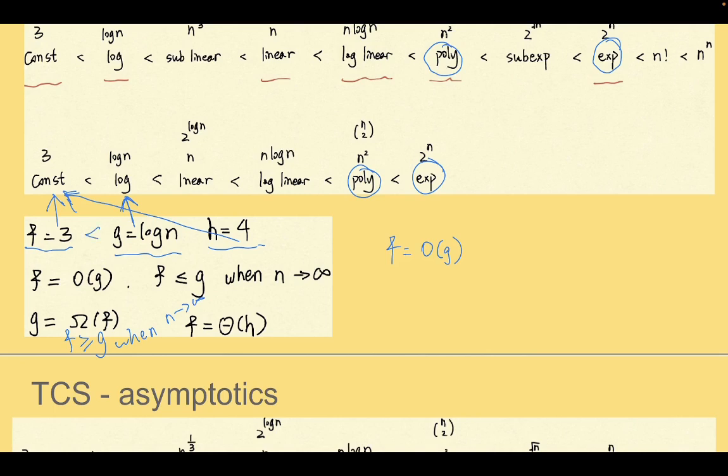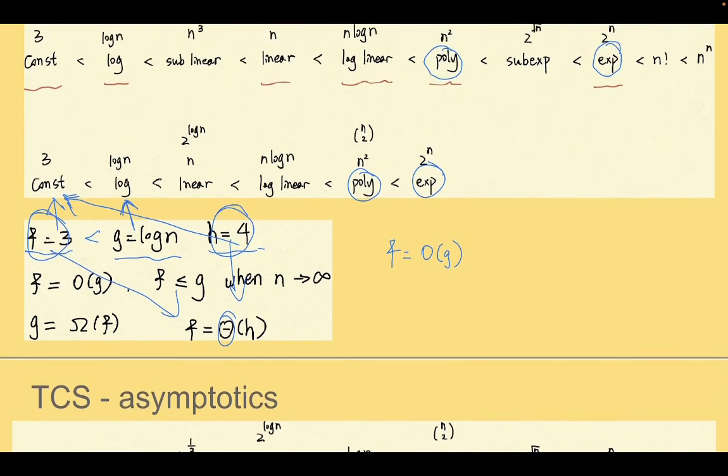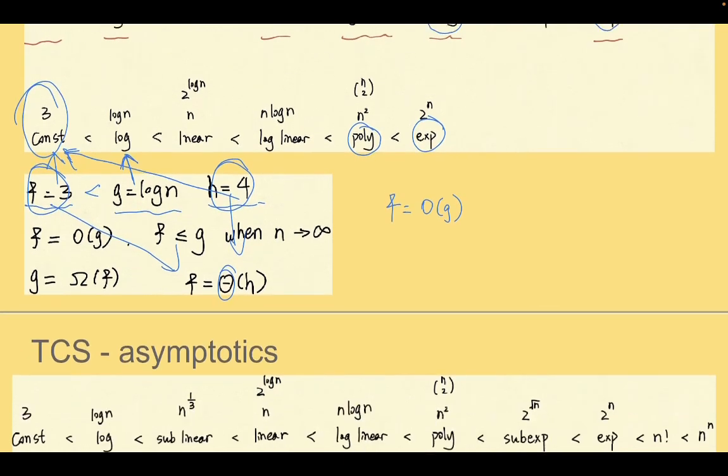And f and h here are both constant time, and we use this notation to show that they are in the same category. Okay.